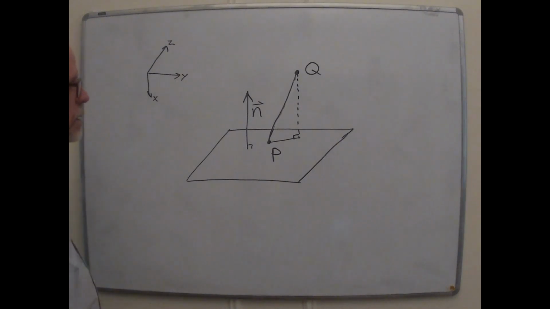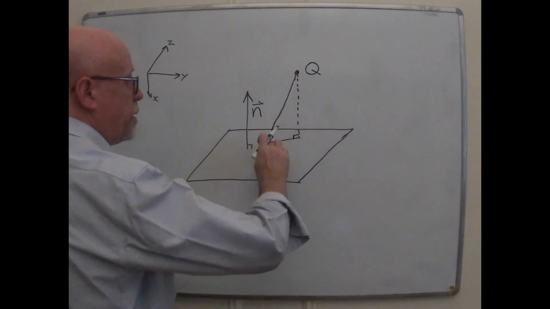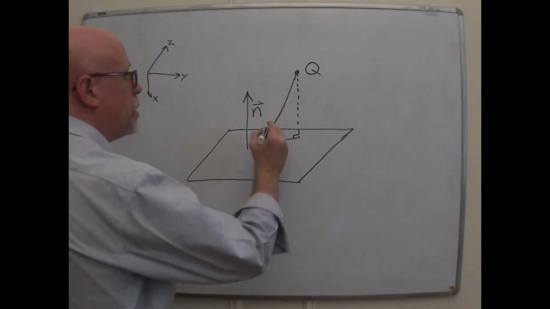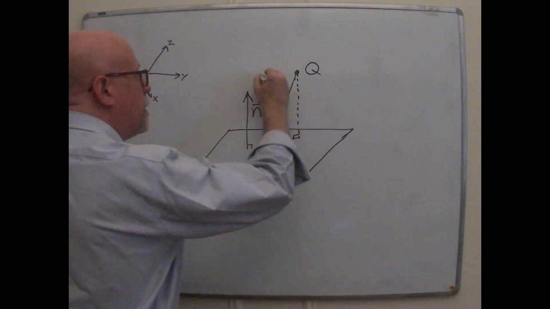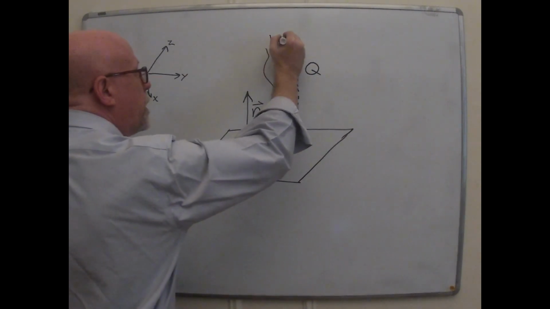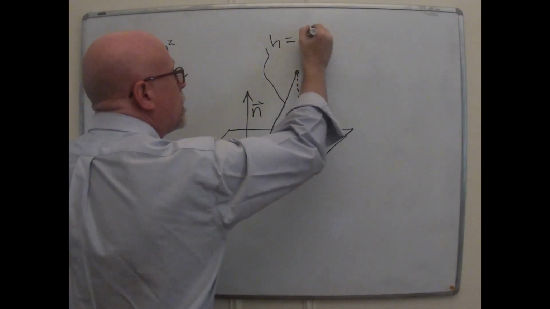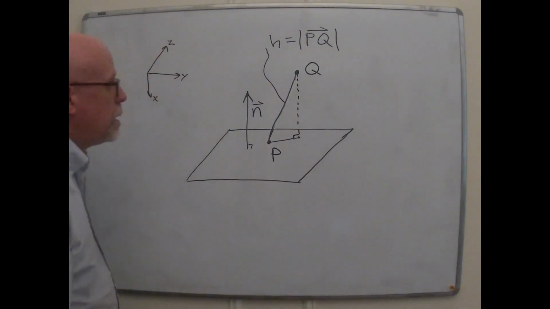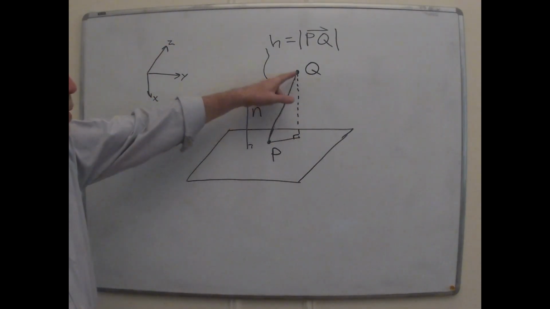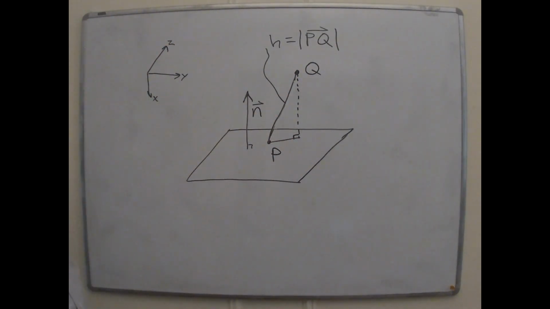Now, all right, what are the sides of that right triangle? Well, the hypotenuse of it is this length that goes from P to Q. So the hypotenuse, I guess we should call it H, is the length of vector PQ. And the side we're interested in, the distance between Q and this plane, is the side opposite something.